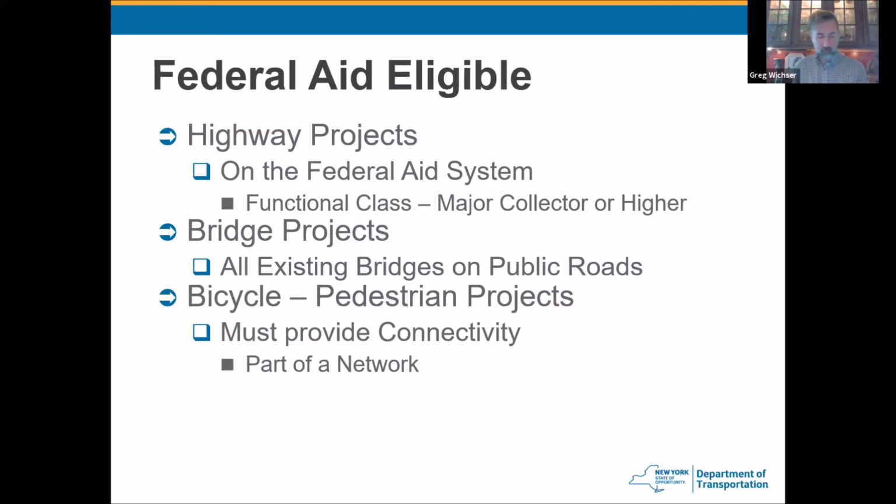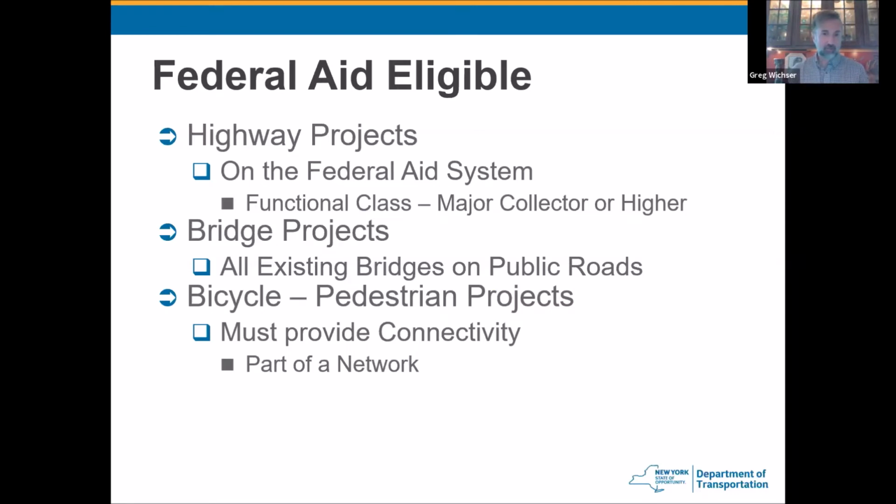So now, what is federal aid eligible? There's quite a bit that is eligible, but to start, everyone thinks of highway projects. They have to be projects on the federal aid system, which is a major collector or higher. Functional class information can be found on the DOT website, and I'm pretty sure the CDTC has some references on where to find the functional classification of your roadway.